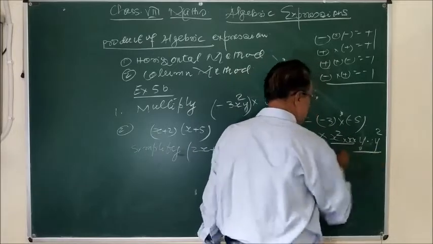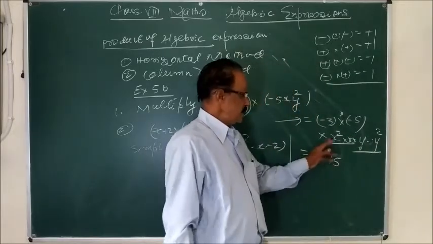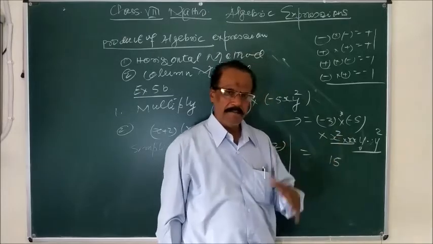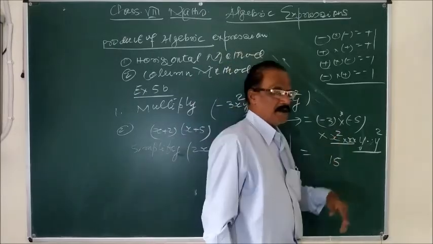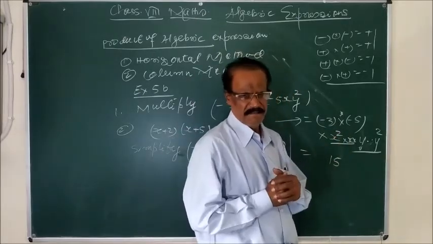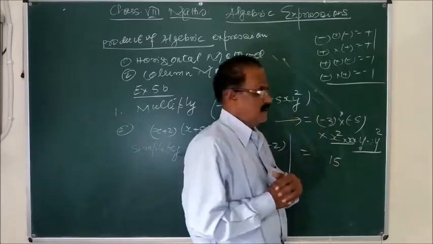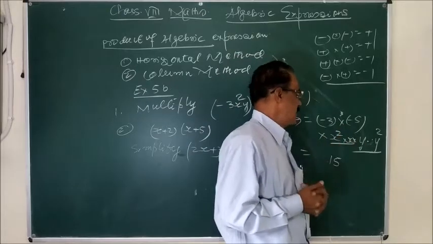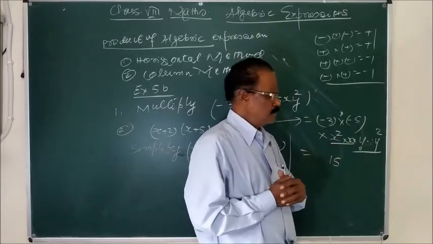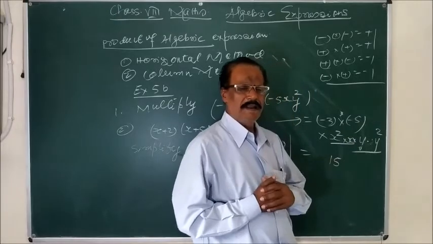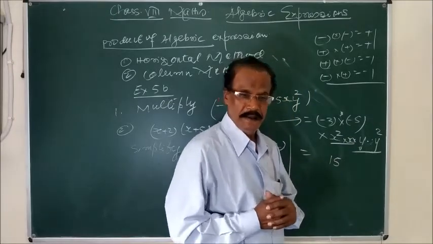Now you come to the variables. In variables, if the base is the same, on multiplying, the powers are added. This is the rule of indices. If we multiply variables and the bases are equal, on multiplying the powers are added.